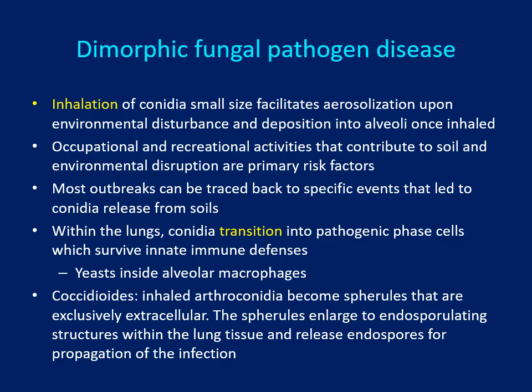So if you get a question in the exam about intracellular yeast inside the alveolar macrophages, then this is probably going to be Blastomyces or Histoplasma. However, if it is spherule, extracellular rounded cells, then this is Coccidioides.